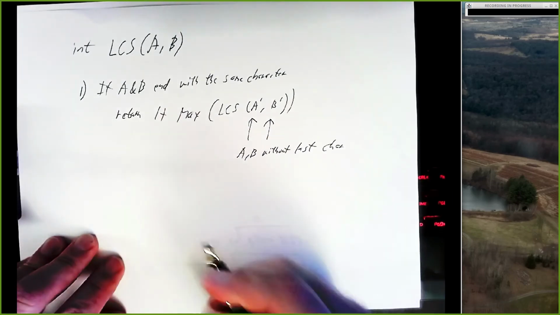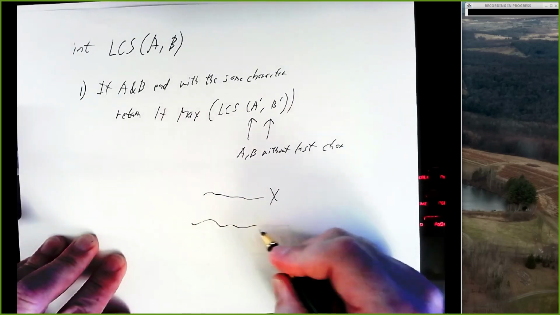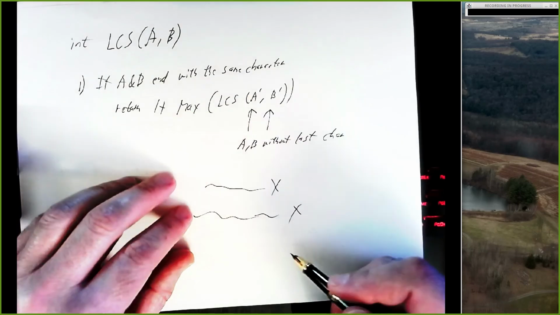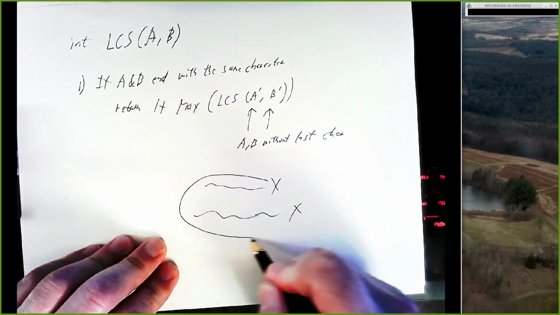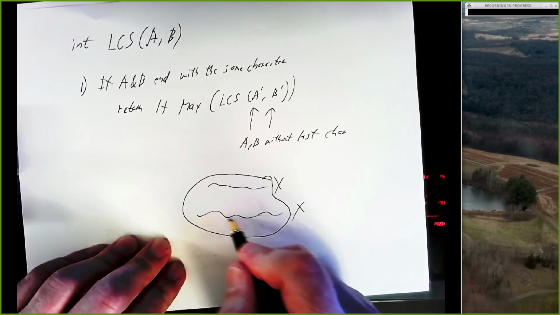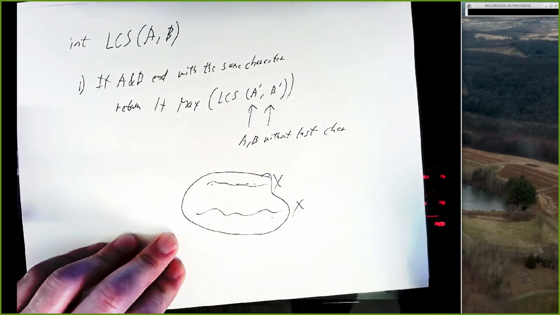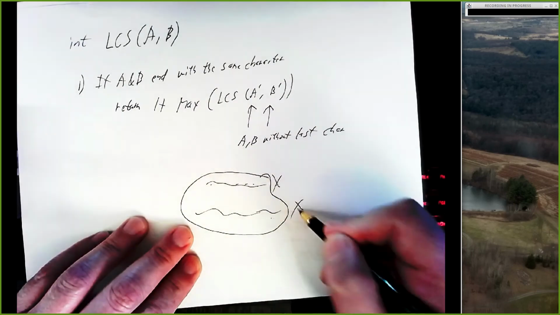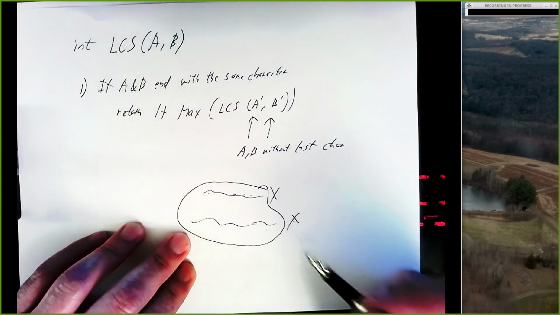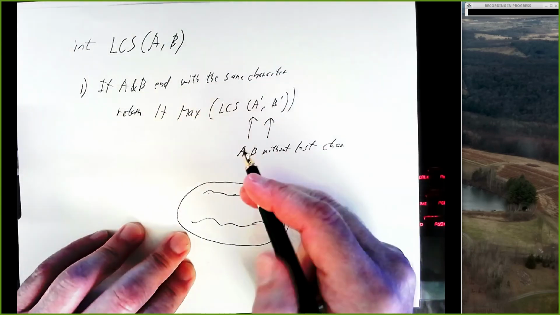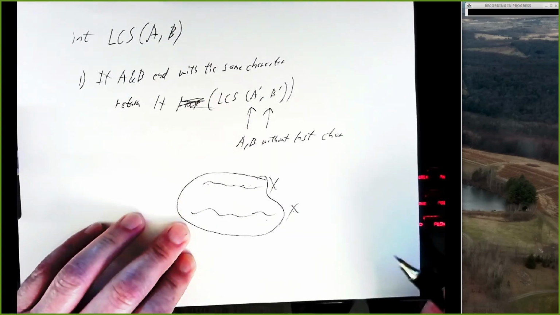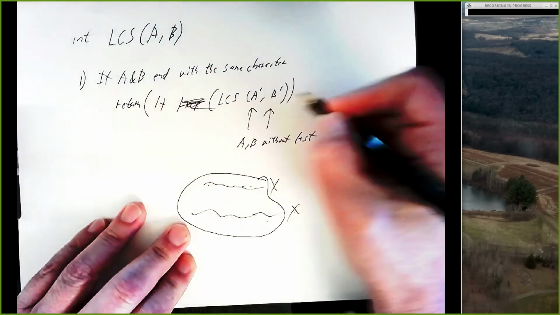So if you have two strings and they both end with the same character, the longest common substring between these will be the longest common substring between these plus 1. Because whatever string of characters we find in here that we also find in here, we know that we can also tack an X onto the end of both of those. So if A and B end with the same character, take the longest common substring of these truncated strings and add 1 to that. There's no max here. And just return that.